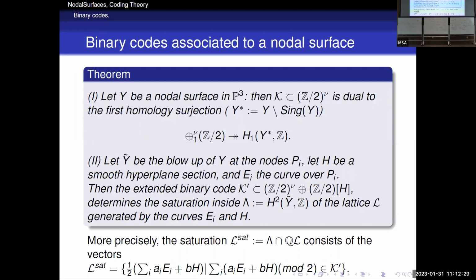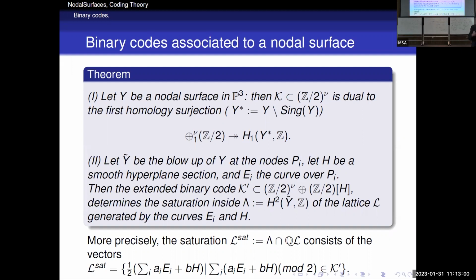Okay, so this is the theorem. If you have a nodal surface, I now want to explain the relation with topology, the topology of the smooth part. So if you have a nodal surface in P3, the code, the strict code, is dual to the surjection. You see, the homology of the smooth part is a quotient of the local homology around the nodes.